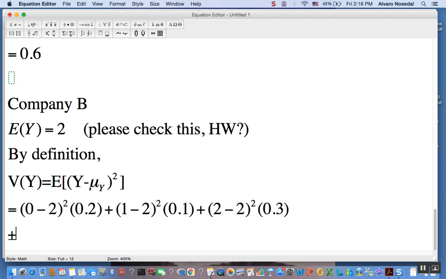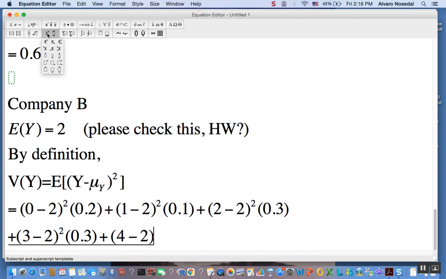Our next term would be 3 minus 2, we square, we multiply by the probability of seeing a 3, and that happens to be 0.3. And finally we have 4 minus 2, we square, and times the probability of y equals 4, and that happens to be 0.1.